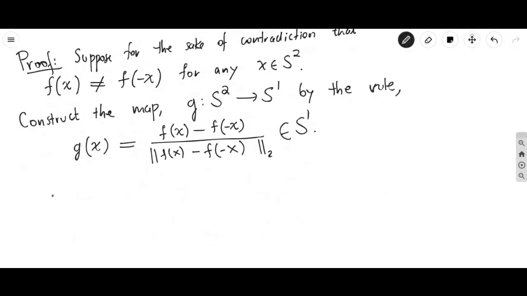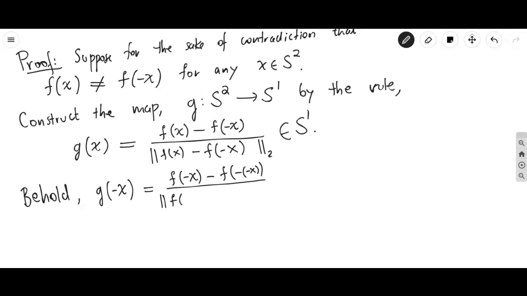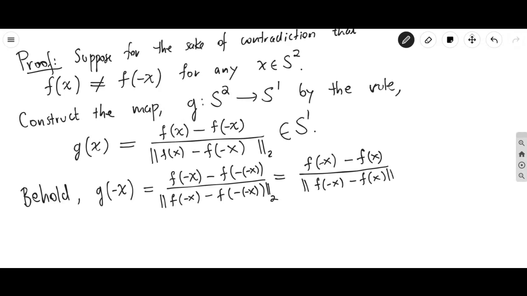And now behold, if you do G of negative x, that would be equal to f of negative x minus f of x divided by the norm, which would simplify to be f of negative x minus f of x divided by the norm of f of x minus f of negative x.